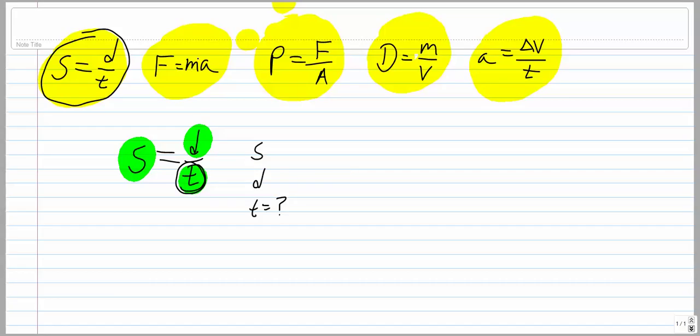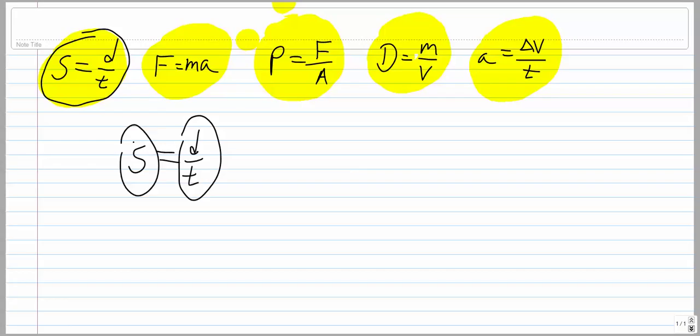So that's why I'm making this video, to help you get different variables by themselves. So what I'll do is mess with this one. If I want the t by itself, it's on the bottom. I think one good trick to teach you is to notice that this side is a fraction and this side isn't a fraction.